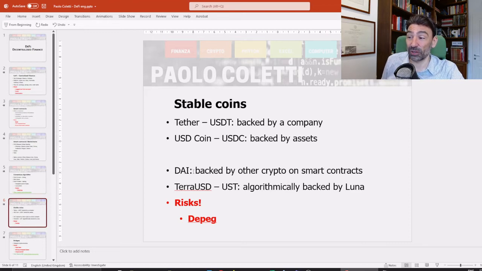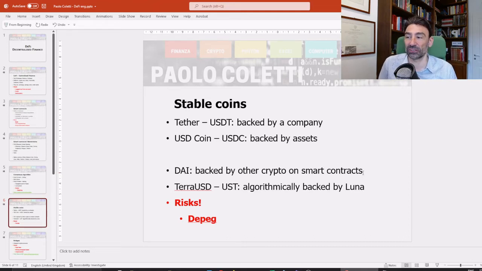Then we have things backed by smart contracts, which may seem incredible. DAI is one of them. It's backed by other crypto, but this time on smart contracts. So there are smart contracts which guarantee that for every DAI created, there is an equivalent or greater amount in Ethereum locked inside the smart contract.